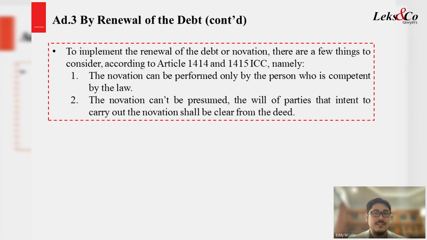So it must be agreed in writing, and it must involve the three-party relationship in order to proceed with the novation. It's different than subrogation. Subrogation, you don't need to involve the third party. You can do it by yourself, when we refer to the creditor's subrogation or the debtor's subrogation. And the other point is novation must be in writing. The subrogation can be by law. It cannot only be limited based on agreement.